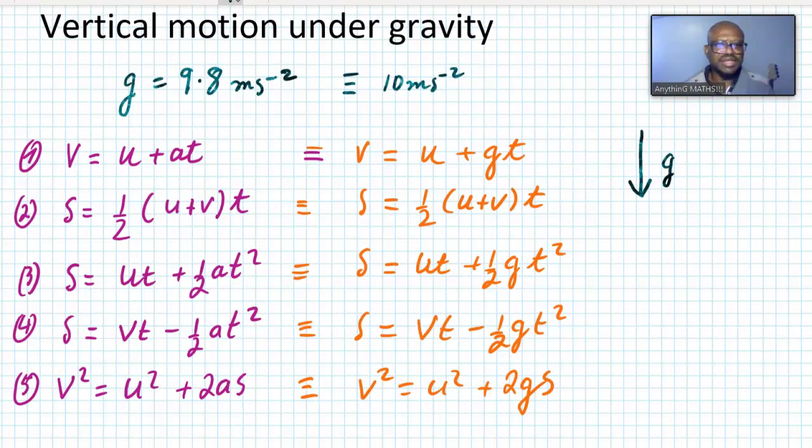For example, if I say all motion upwards should be positive, it means anything coming down will be negative, and as a result my acceleration will be negative.